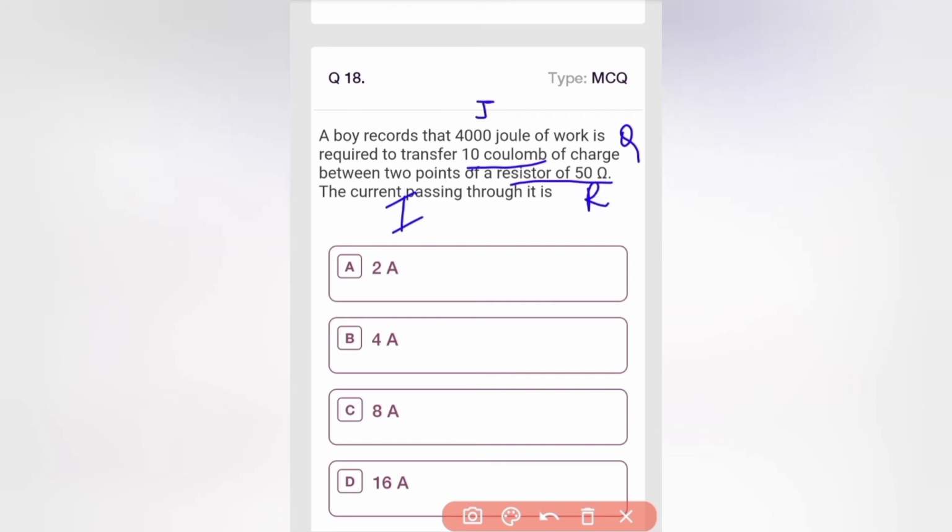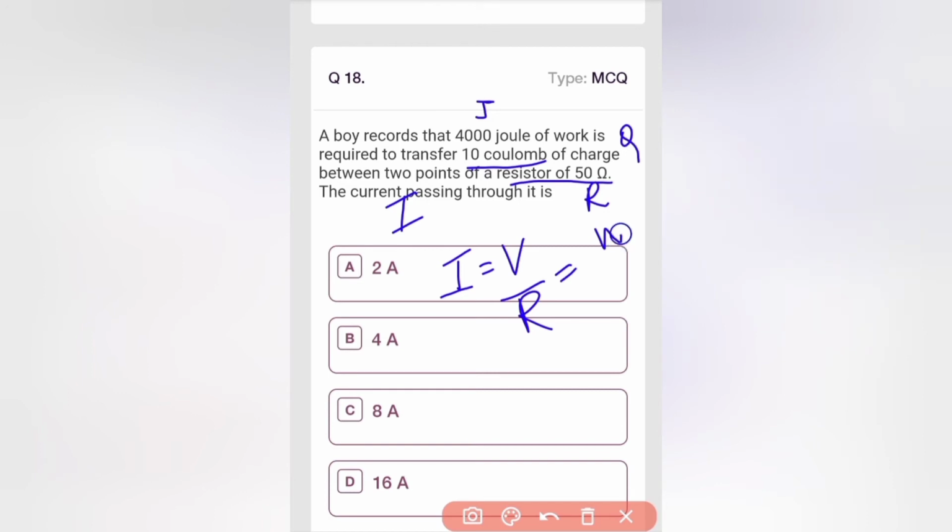So how to find the current? We know I is equal to V by R. Here we have work done and charge given, W and Q. But what is V?